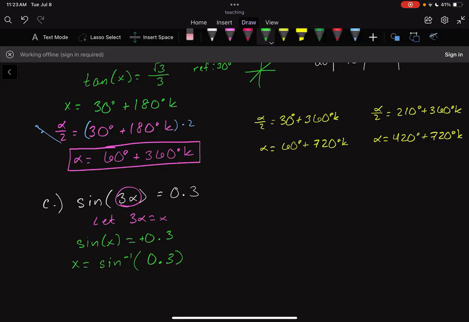If it's positive, that means we're looking at quadrant 1 and quadrant 2 for sine. So the quadrant 1 answer, let's see what we get. We'll get x equals sine inverse of 0.3. I'm going to plug that into my calculator, and I'm going to get degrees for this one. And I'll just do one decimal place. It says 17.5.